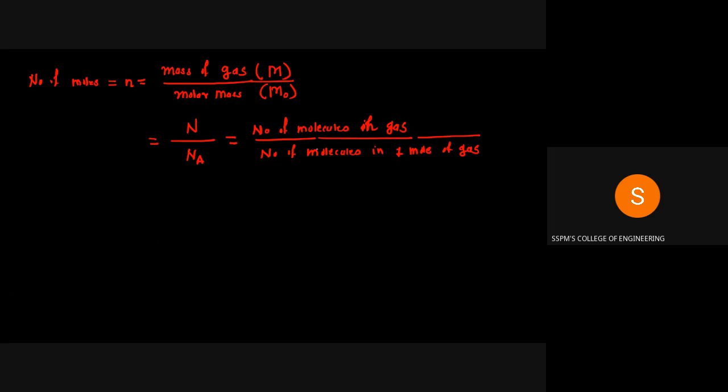You should remember this formula. The first formula for the number of moles, small n, is the mass of the gas, capital M, divided by the molar mass, m naught. The second is the number of molecules in the gas, capital N, divided by the number of molecules in 1 mole of gas. This number of molecules in 1 mole of gas is a constant value, Na.